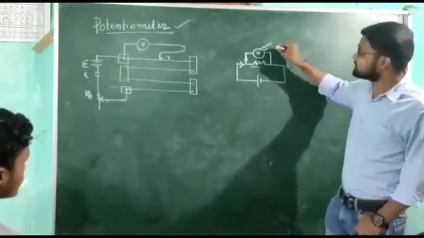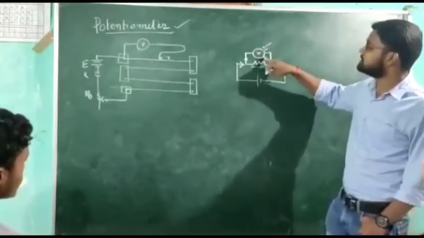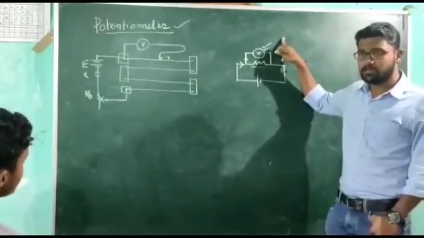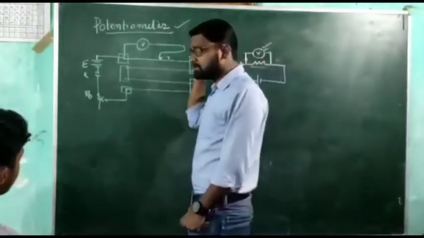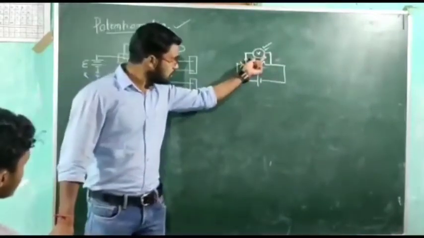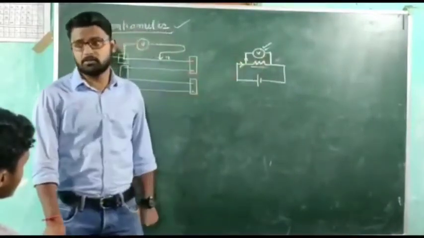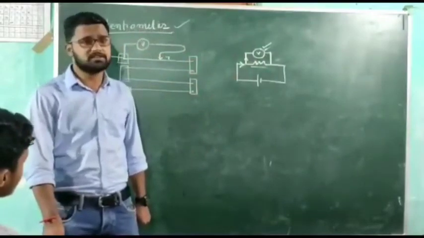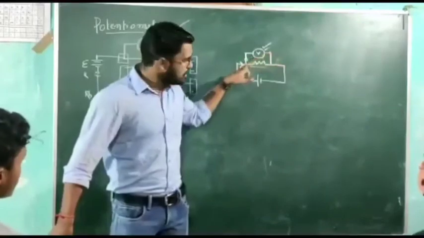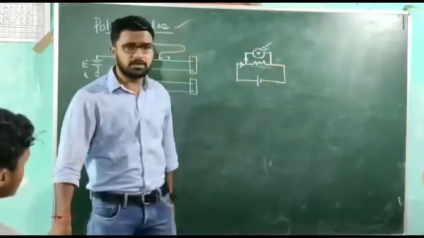But if I can somehow make the resistance of this voltmeter infinite, then all the current will flow through this resistance only.